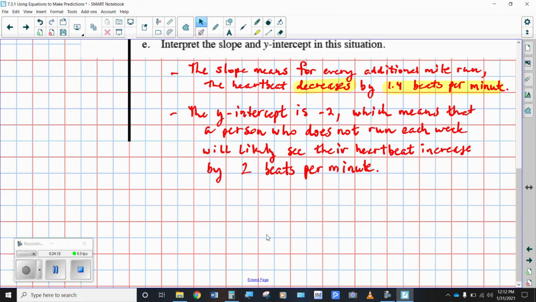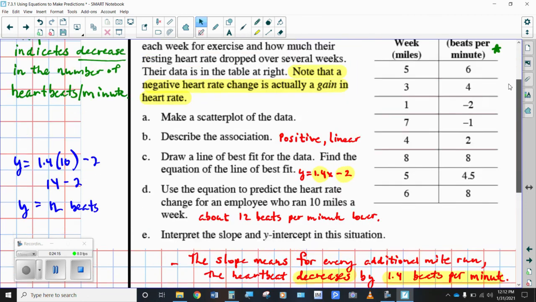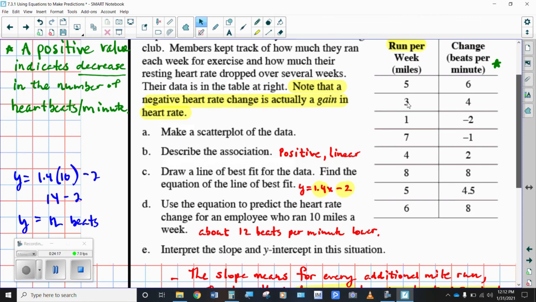Now, that's the interpretation. Does that fully make sense here? I mean, why wouldn't their heart rate just stay the same? I don't run at all, but I do other types of exercise. So does that mean that my heart rate is increasing? I don't really know how that works. At any rate, I think you focus on what the slope ratio means in the context of this problem, and we can start to make predictions.